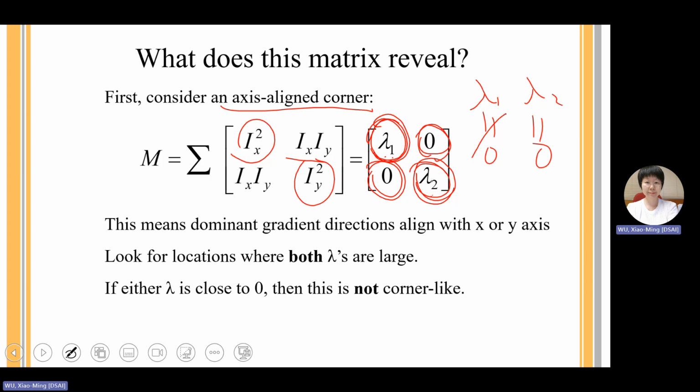Okay, so you can see that's how we identify whether this pixel is a corner, an edge, or just within some flat region, by looking at the value of the second moment matrix M, which is computed by the image gradients within the window.